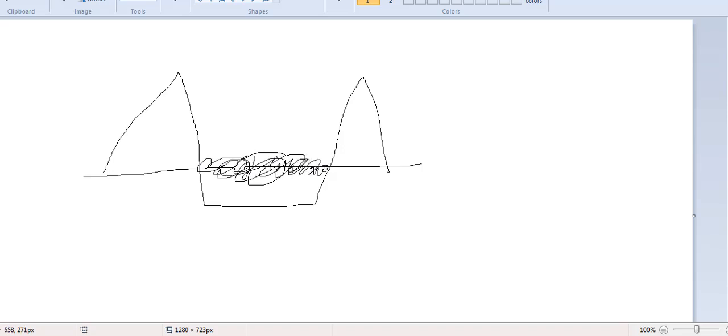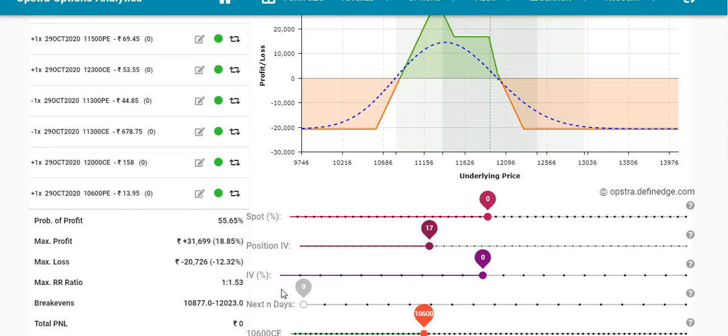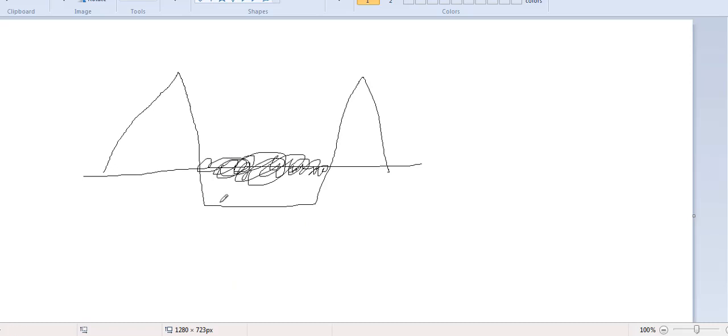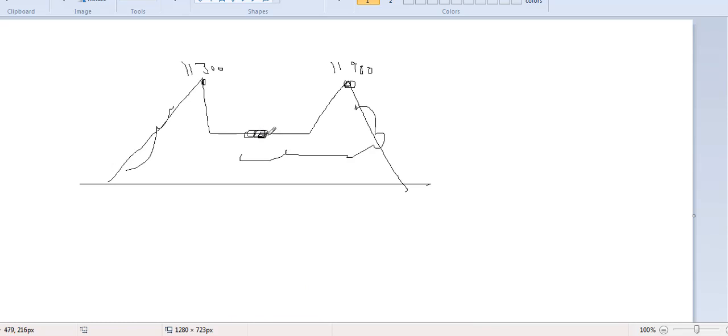That's the problem with this strategy. If there is a gap up or gap down and you have missed your break even point, then it's a bit difficult to manage your position. Here you will make profit, in this area you will make profit, but in between you will lose your money if you have missed your break even point. Or else, if you adjust your position in time, then all of this in between is your profit.